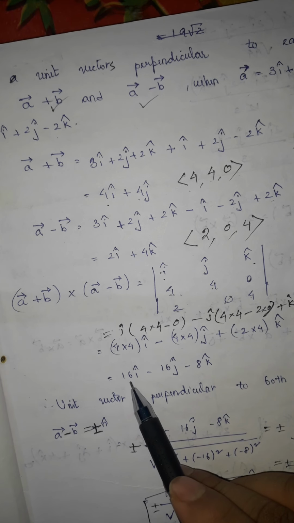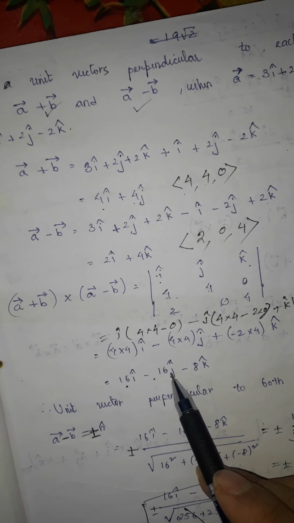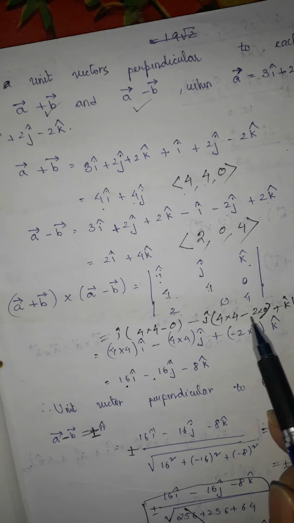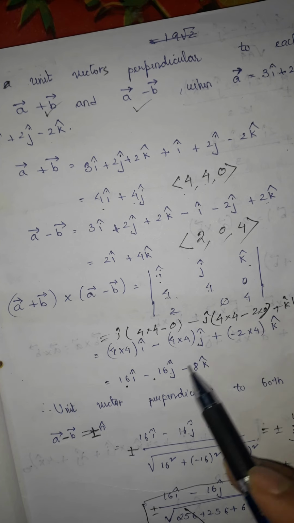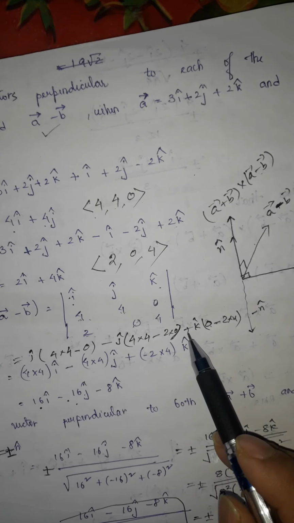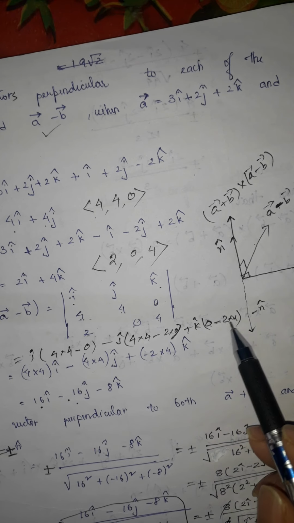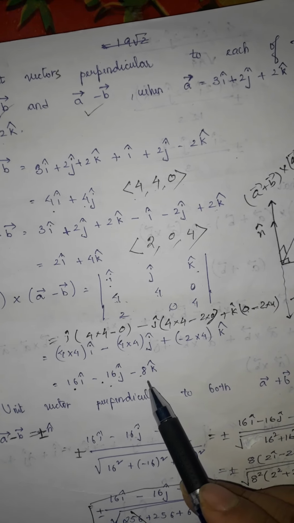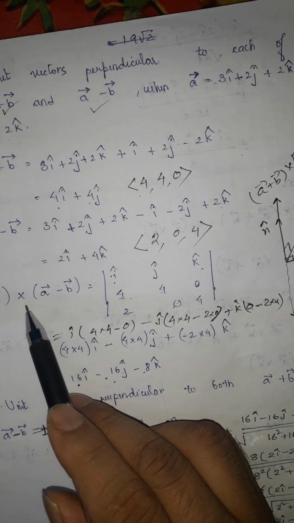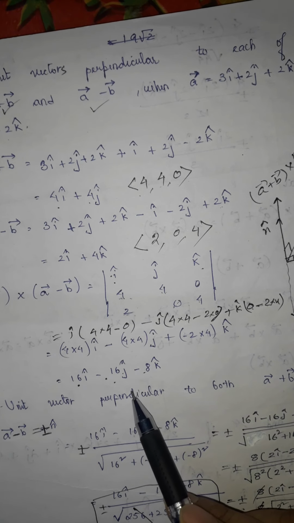So 4 fours are 16i, minus 4 fours are 16, 16 minus 0 is 16j, and from here minus 2 into 4 is minus 8, minus 8k. So this is the vector a plus b cross a minus b.